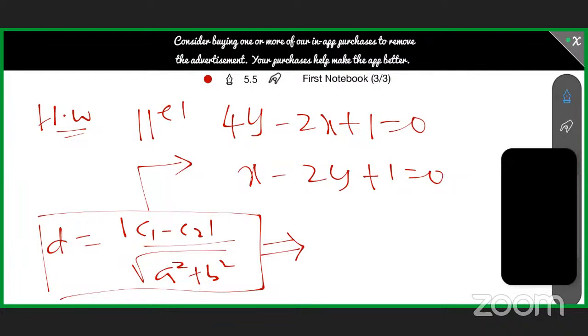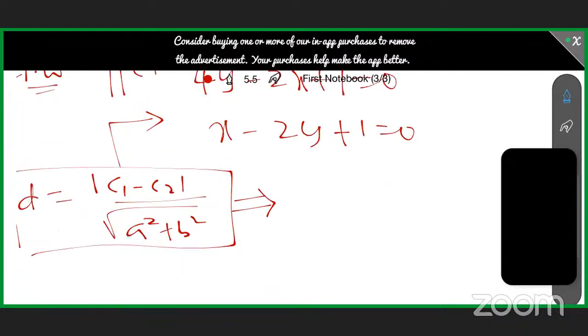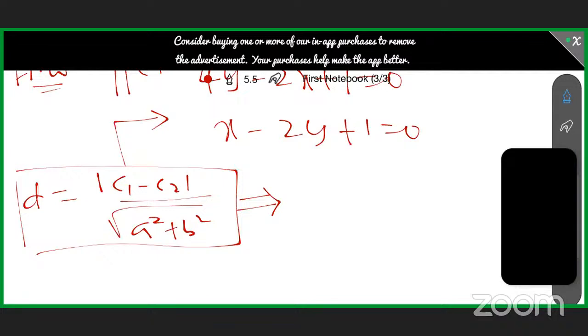And what should the equation be? Keeping this formula, D is equal to mod of C1 minus C2 by root of A square plus B square. Correct?